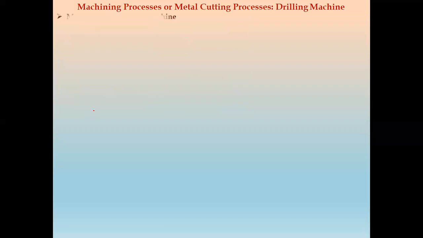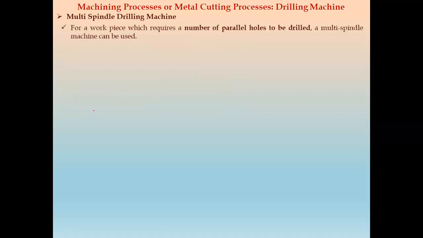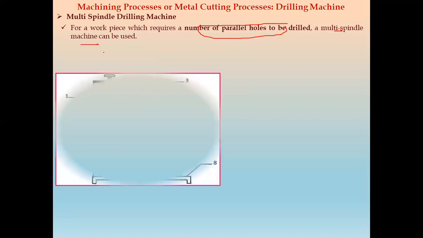Now next we have the multi-spindle drilling machine. For a workpiece which requires a number of parallel holes to be drilled at one time, parallel to each other, we have the multi-spindle drilling machine.